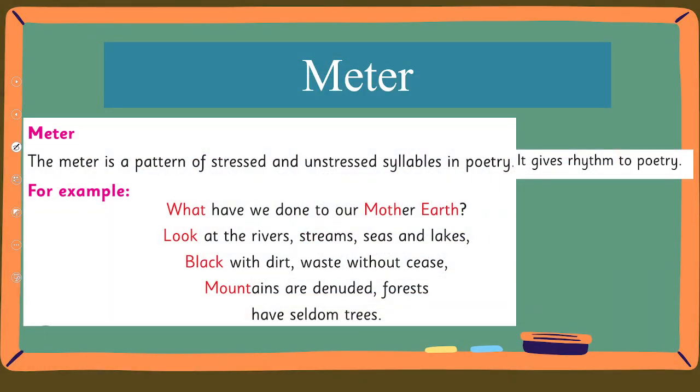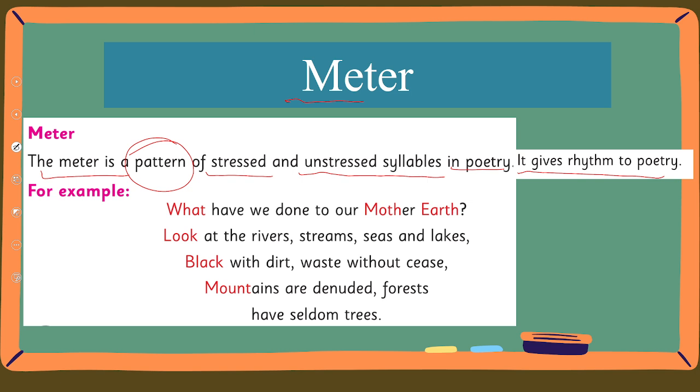Now, when we are talking about poems, we know that there is a meter in a poem. And the meter is a pattern of stressed and unstressed syllables in poetry. It gives rhythm to poetry. You know that a syllable is the division of units in a word. Now, these units can be stressed and some can be unstressed.